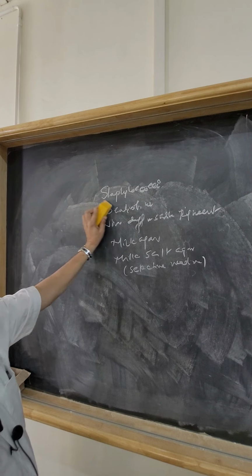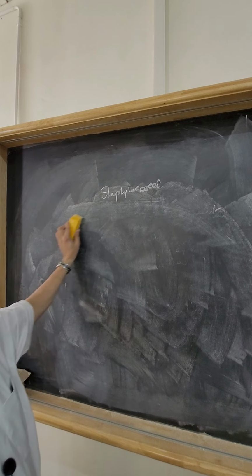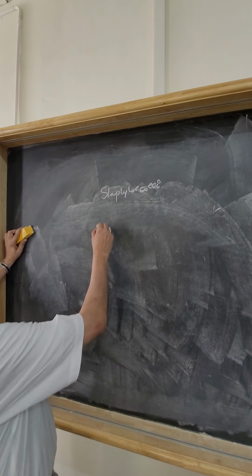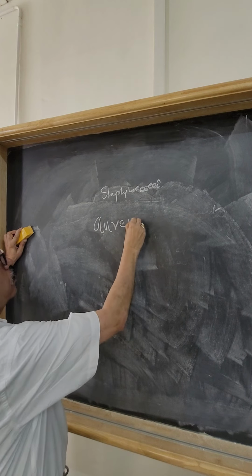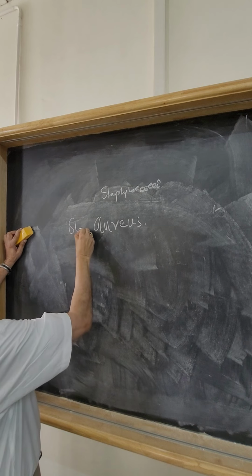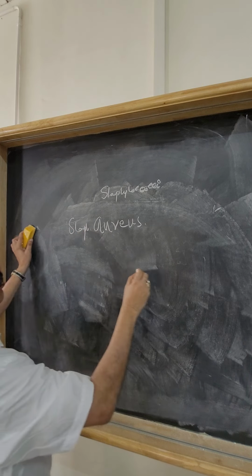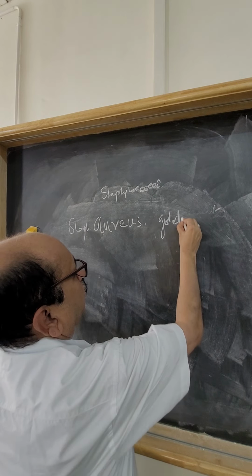Now, depending on the pigment production, staphylococci are classified as aureus, golden colored, golden yellow.